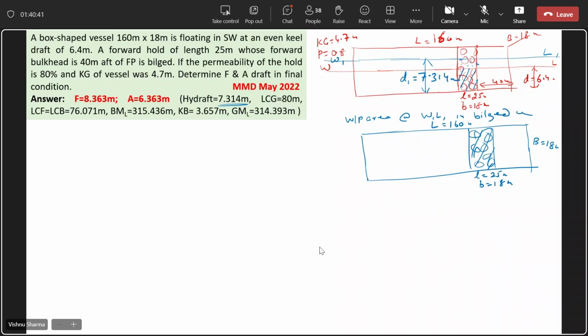Okay, guys. Now, with the steps, write down how much is the LCG in the final condition. It is 80 meters. Answer you can see. But what steps to write? Please write clearly and confirm.